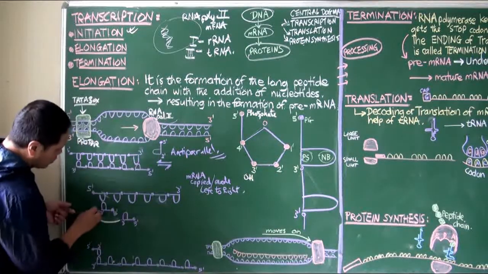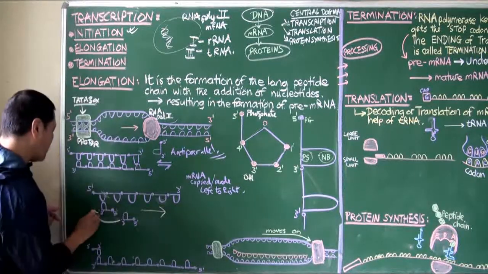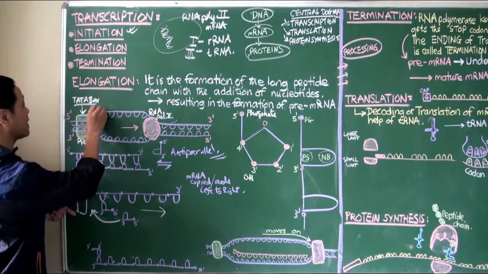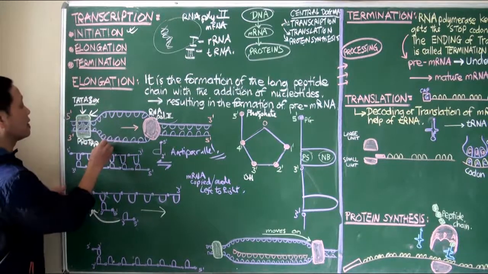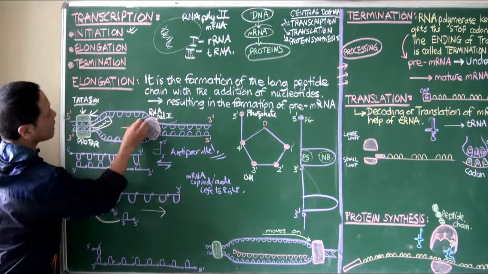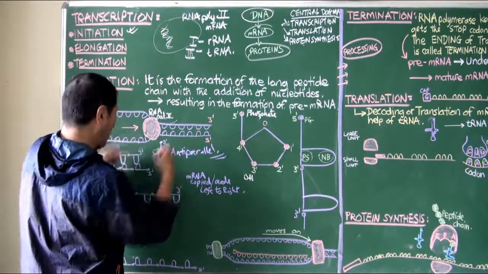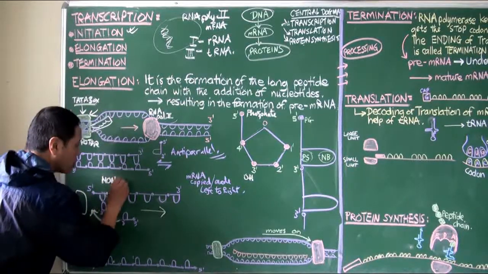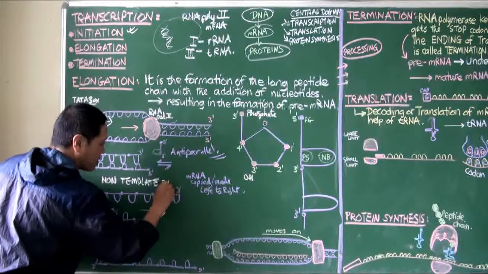It goes this side, but this is being opened in the opposite direction. If you keep on adding nucleotides this side, you end up hitting the promoter, and that's the end. So it's copying only this much and leaving behind all of these newly opened up codes. This is not copied at all, so this is called the non-template strand.